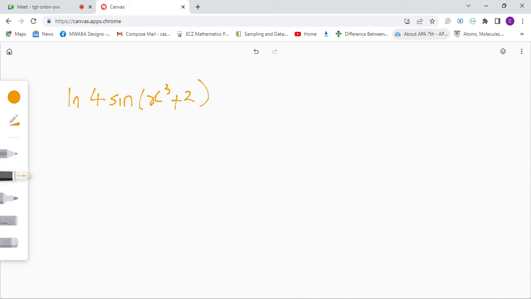All right, so we're going to say u equals 4 sine x cubed plus 2.